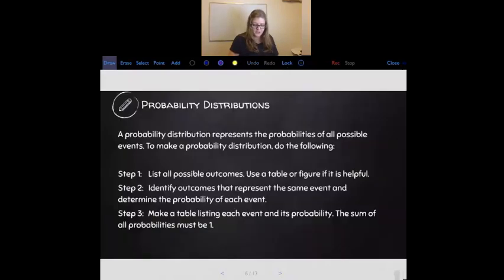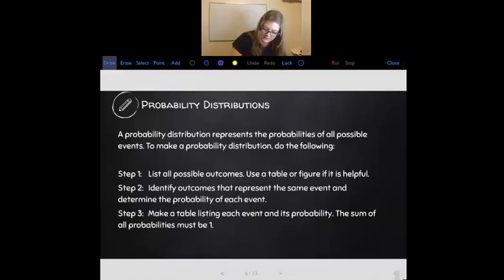Probability distributions. A distribution represents the probabilities of the possible events, and here are some steps to make a distribution. List all possible outcomes, using a table or a figure, and I'll talk about a couple different ways to do this. Identify outcomes that represent the same event. Let's say we're tossing 2 coins.